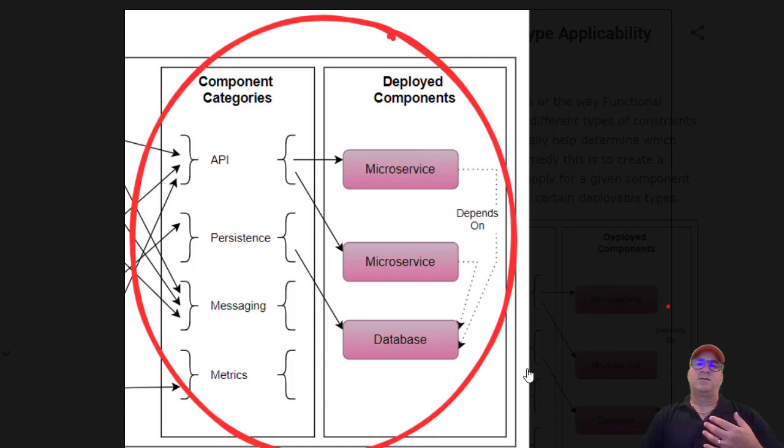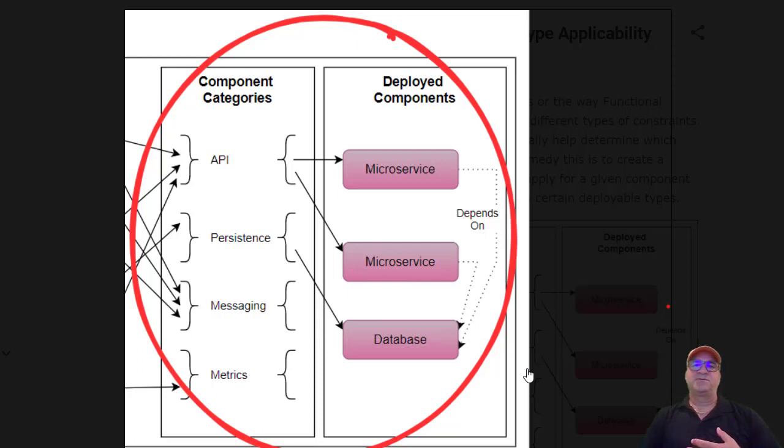And then when we go to define a feature, those features actually get bound to deliverables. So if we knew when we're creating the feature, oh, this is going to be a microservice and it's going to have a database, or this is a microservice with no database, then we knew which component category. A microservice is always an API, right? So whatever would apply for a microservice is going to be the API category.